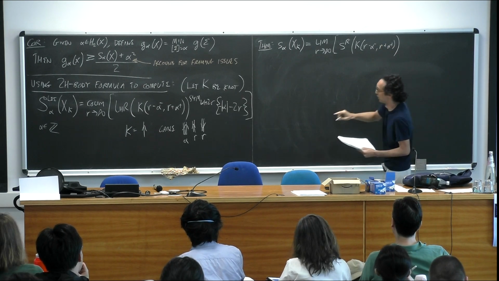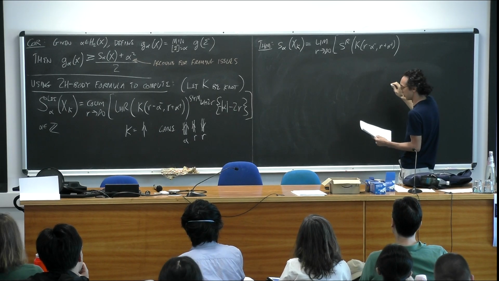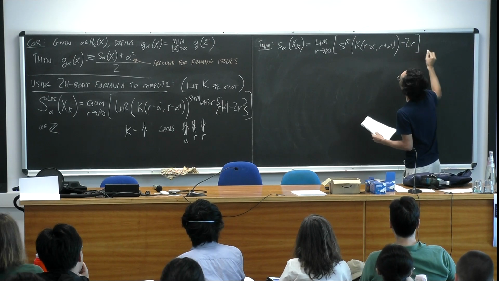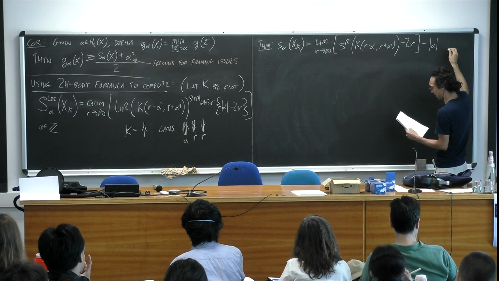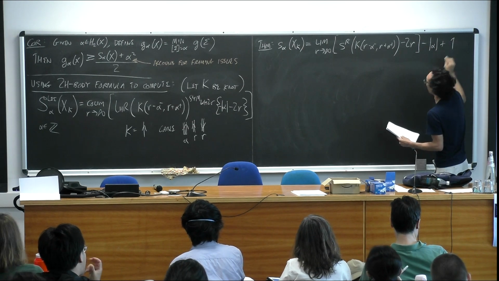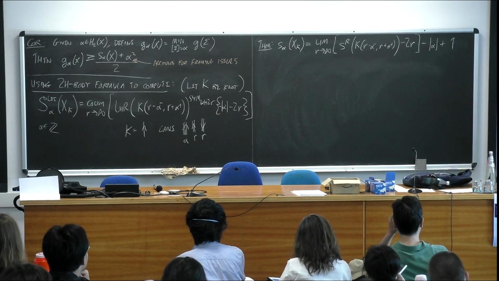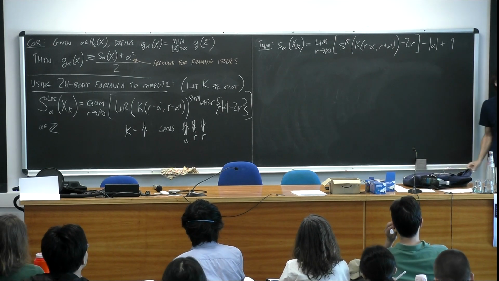And I have these shifts, but alpha is constant in R. So let me just write this. And then there's minus alpha. And here there is this extra plus 1 because somehow when we defined this one, we had a shift.